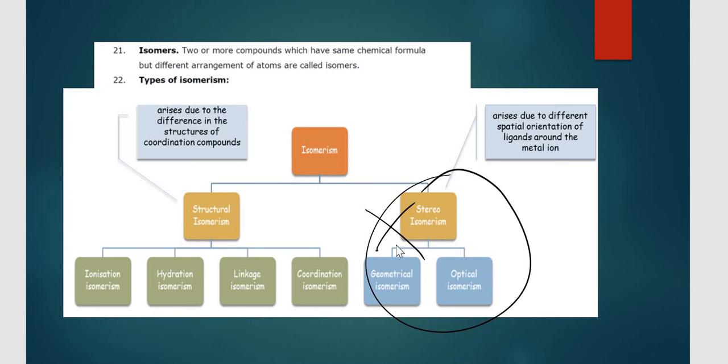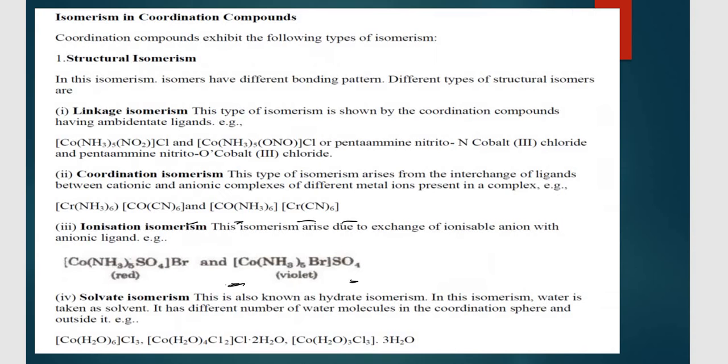These stereoisomers can be geometrical, that is cis and trans, or optical isomerism. We'll not discuss this, we'll discuss only the structural isomerism, that also very quickly. Structural isomerism can be ionization, hydration, linkage and coordination isomers. Let's see, it's very easy.